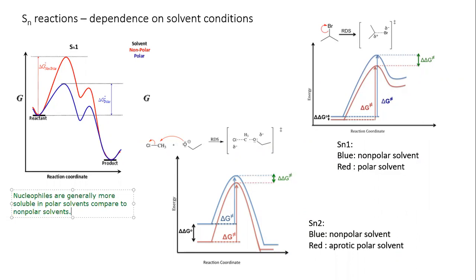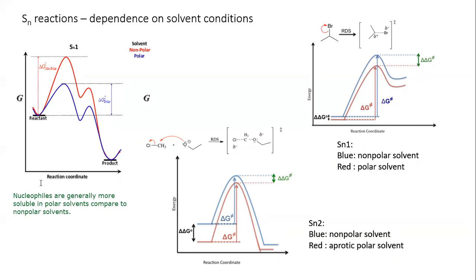And so your nucleophiles tend to be more soluble in polar solvents compared to nonpolar solvents. Therefore, it makes it easier for the reaction to occur. So if you do your substitution reaction in a polar solvent, it helps lower the activation energy.